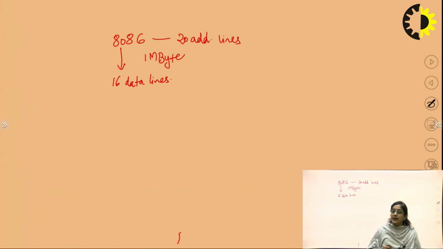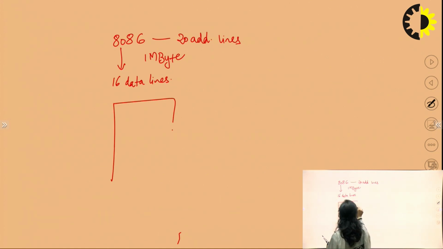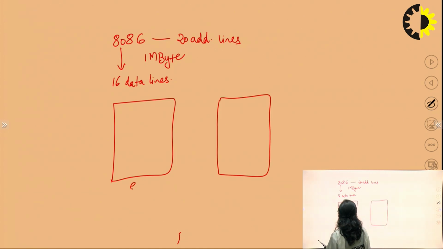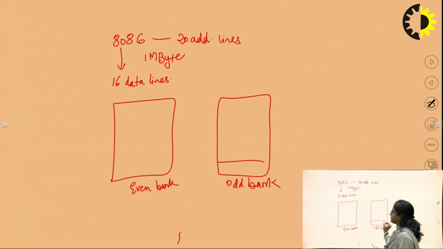So in case of 8086, the addressing scheme has two types of memory. One we can call the even bank, and one we use as the odd bank. With an even bank and an odd bank, at a time the microprocessor can read from both memories, and 16-bit data is available to the 8086 for processing.